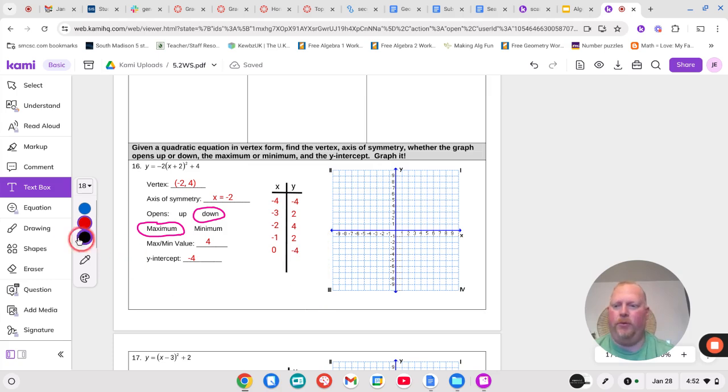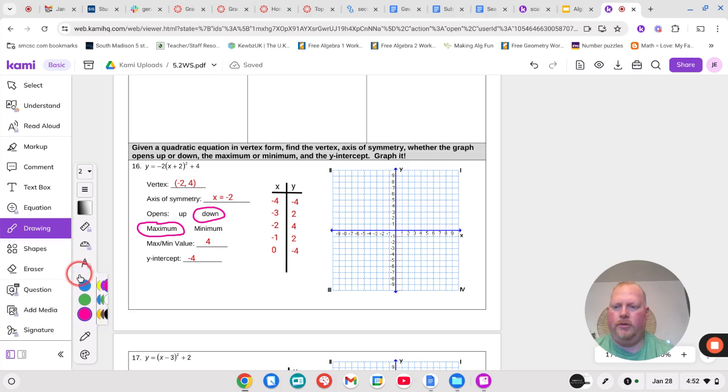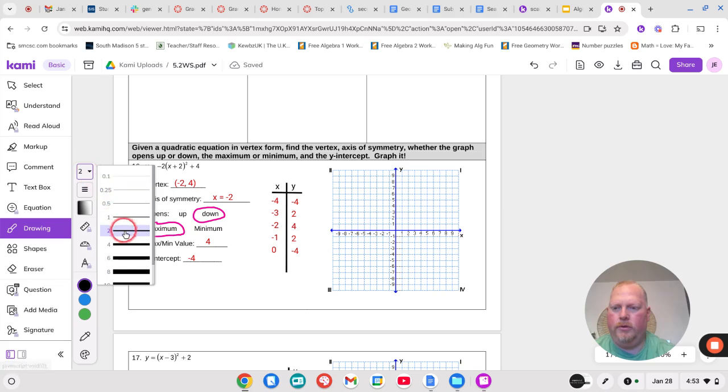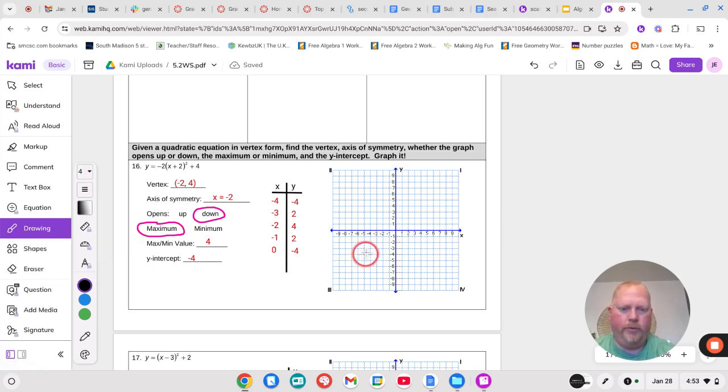Now I need to plot those points. So -4, -4. -3, +2.